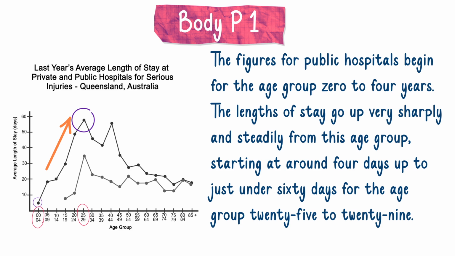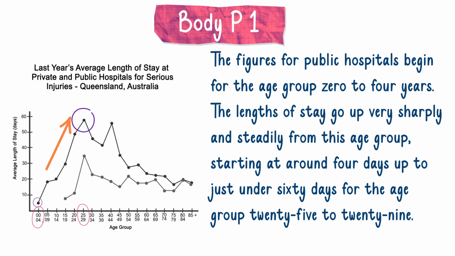The lengths of stay go up very sharply and steadily from this age group, starting at around 4 days up to just under 60 days for the age group 25 to 29. So that's it. I wrote from 0 age group up to 25 to 29.